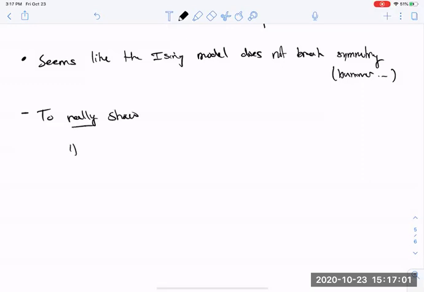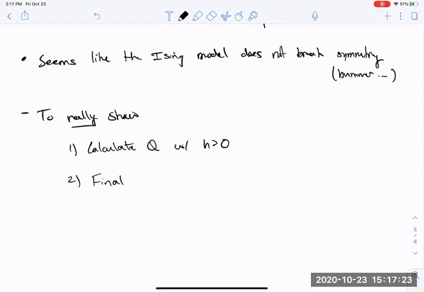We would need to compute the partition function with finite h. We've only worked at zero h. Maybe there's a subtlety with how you take that h goes to 0 limit.